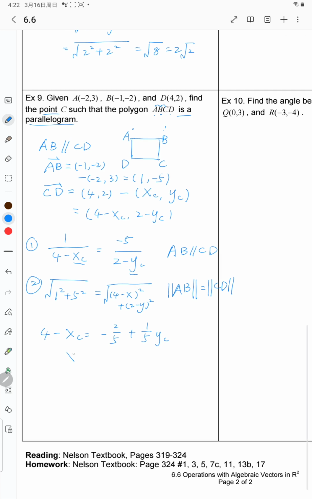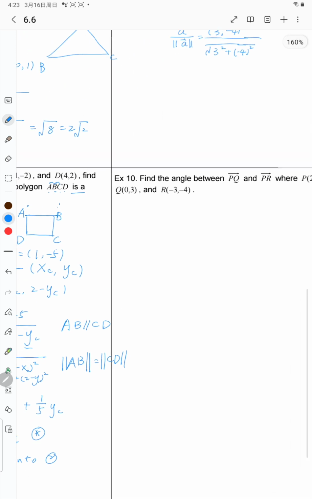And then if we move xc over, xc is equal to 4 plus 2 over 5 minus 1 over 5 yc. All right, in this way we represent xc using yc, and then we're going to plug this x into the second equation to solve for y, right? So plug the x star equation into the number two equation, right?